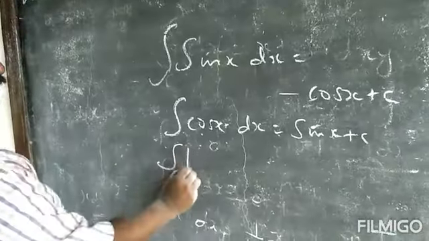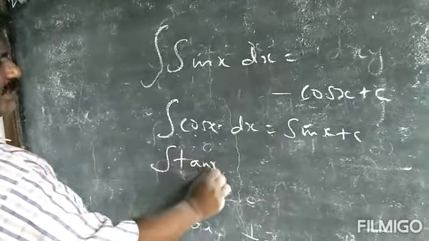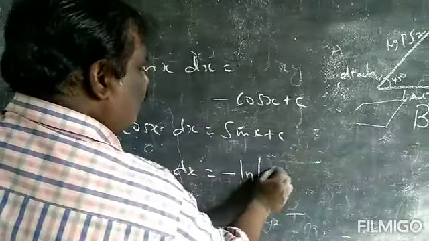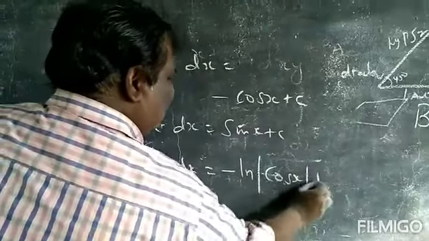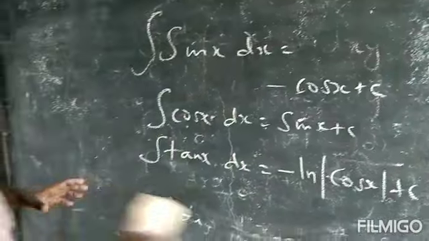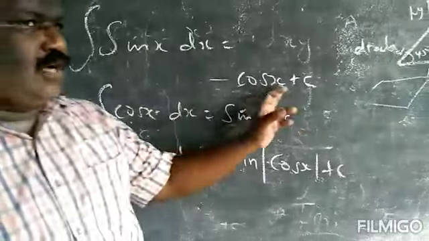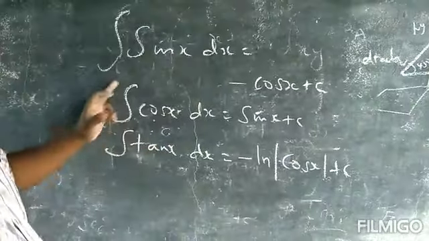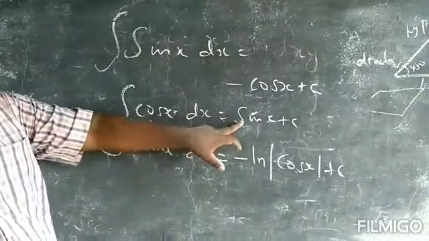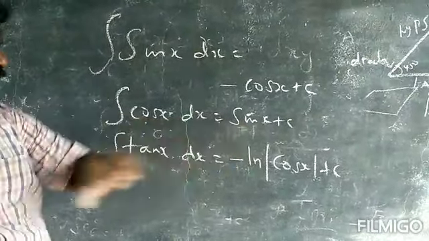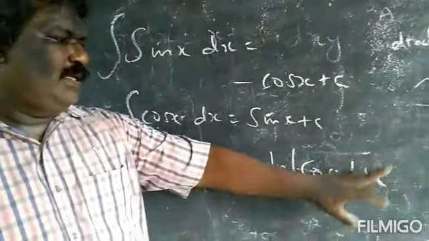Integral tan x dx is equal to minus log mod cos x plus c.